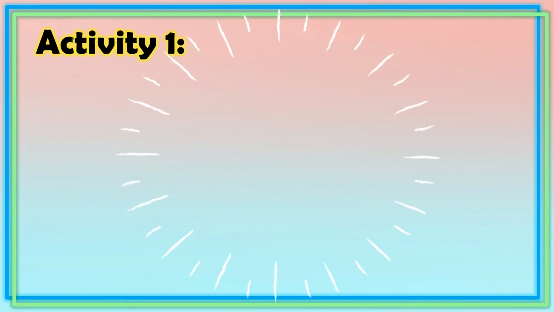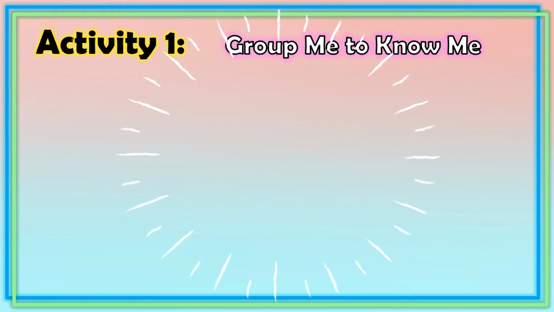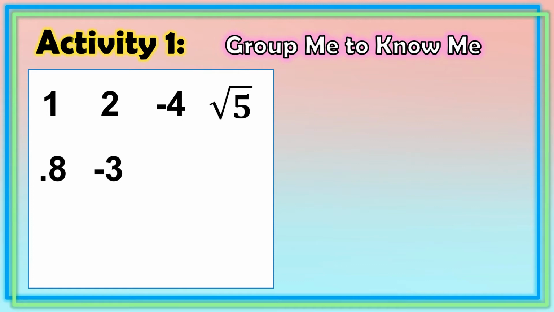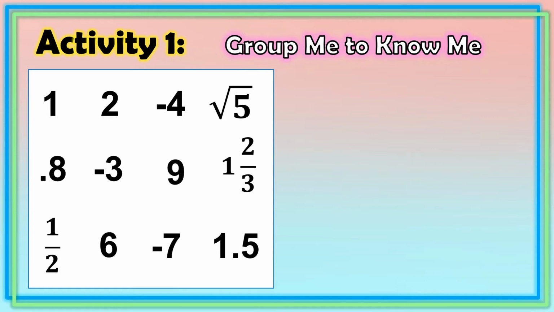Before we proceed to our lesson, let's have an activity first. The title of this activity is Group Me to Know Me. So, meron tayong different numbers such as 1, 2, -4, square root of 5, 0.8, -3, 9, 1 and 2/3, 1/2, 6, -7, and 1.5.